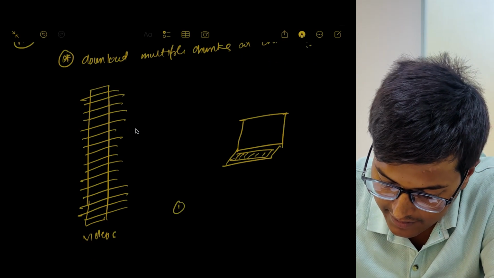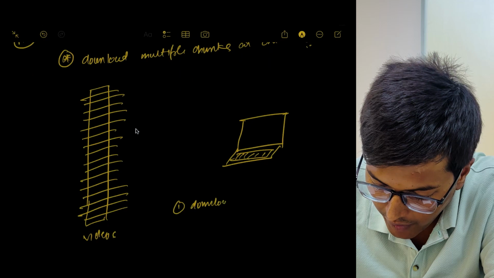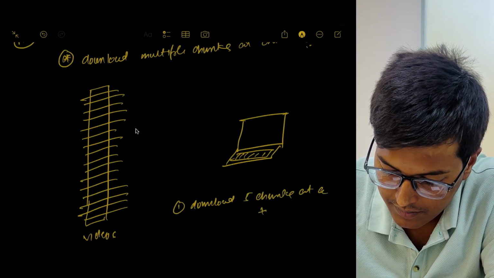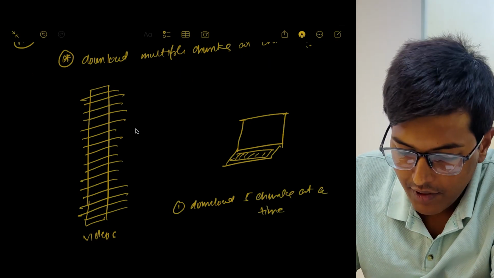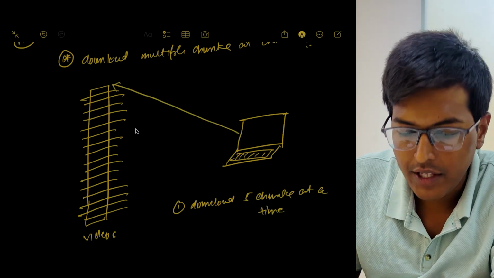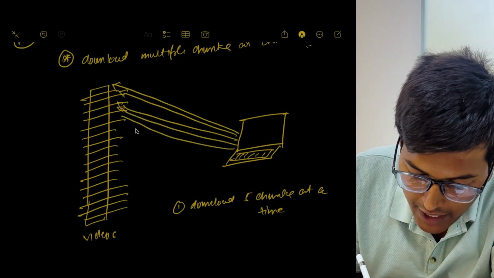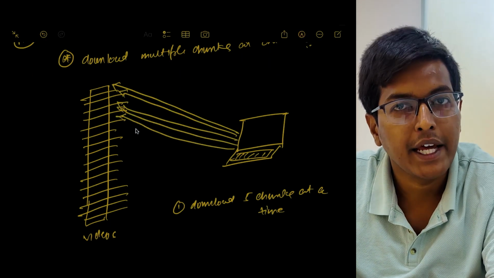Maybe it sends the request to download 5 chunks at a time, right? So the client will send the request of downloading chunk 1, 2, 3, 4, 5 at one particular point of time, right?